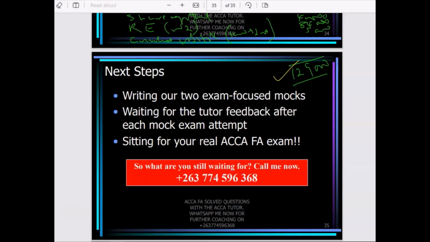Remember, ACCA is a professional body and the examinations are not going to be easy. If you are considered to have passed the examination, it means that you are now a master at that level. So please, you need to do these mocks, get the feedback, and then sit for the real ACCA examination.